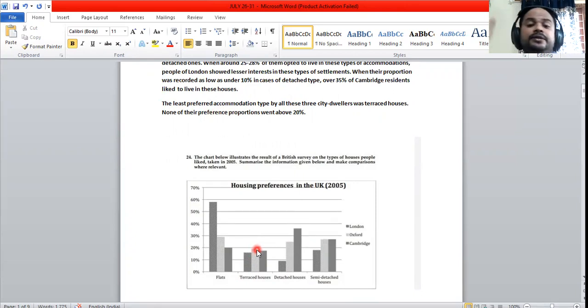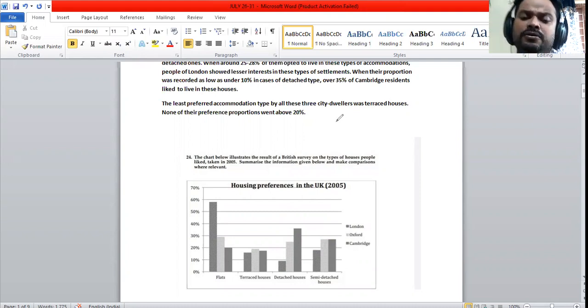Not all the data is depicted here. The preference for semi-detached houses in Oxford and Cambridge is almost the same, so it is not mentioned, and I don't think it is that significant.